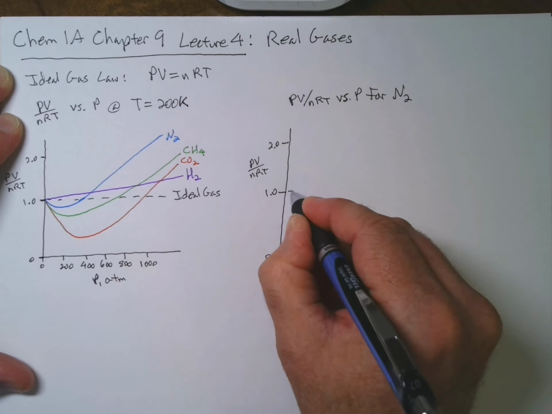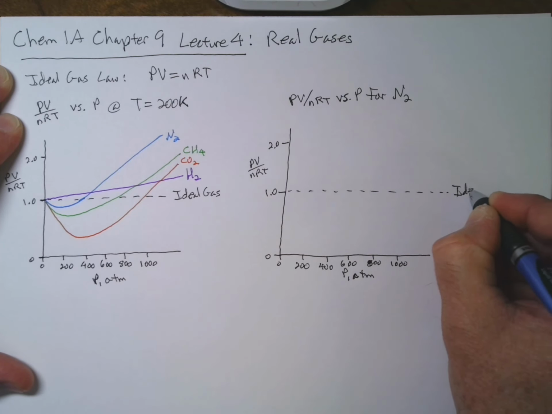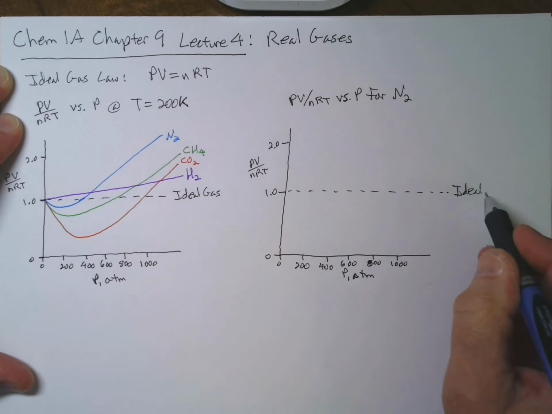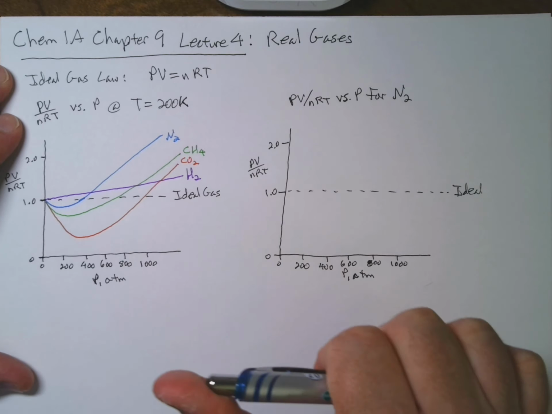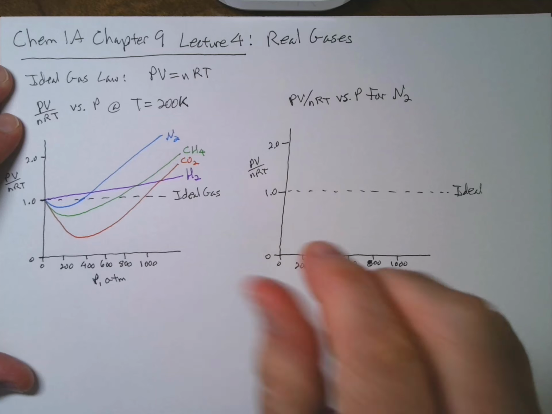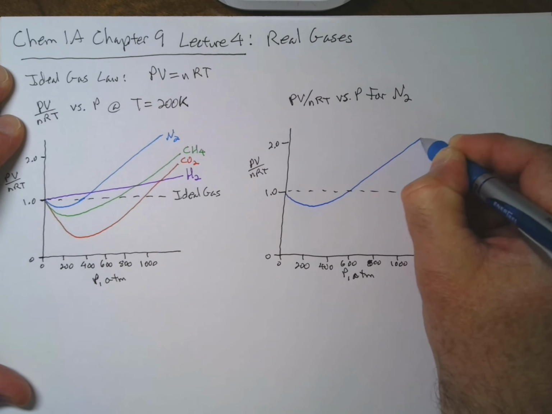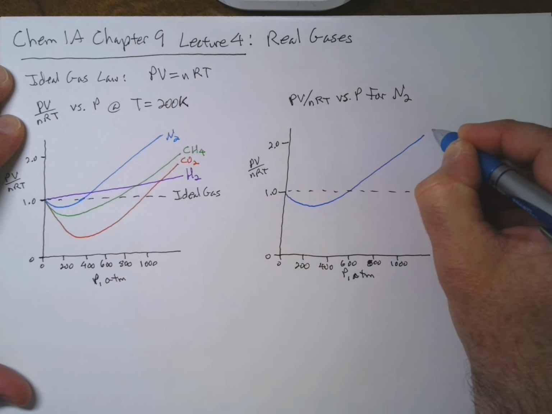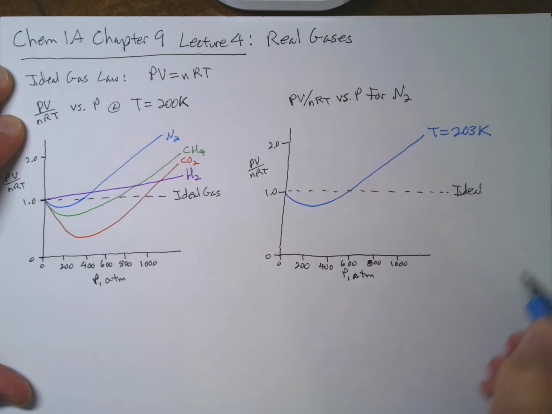Okay, and of course our ideal behavior would just be PV over nRT equals 1 at all temperatures. But what we actually see instead is that at low temperature, we get quite a bit of a deviation.